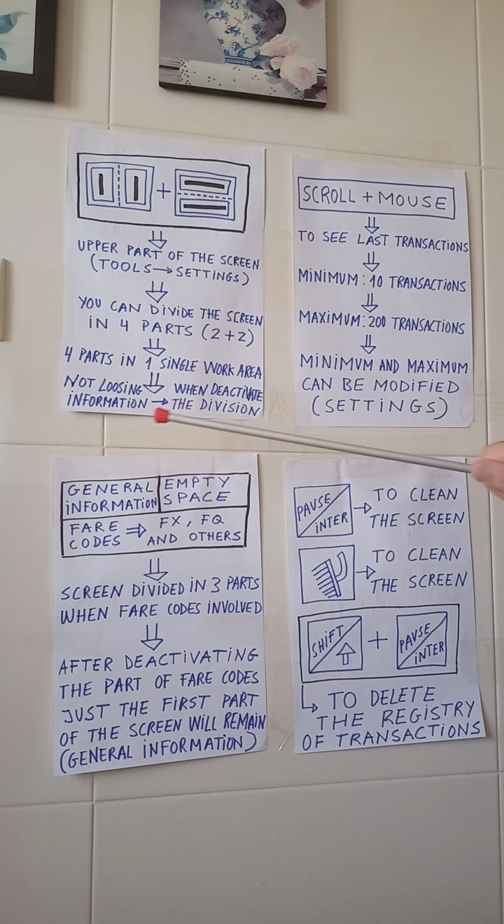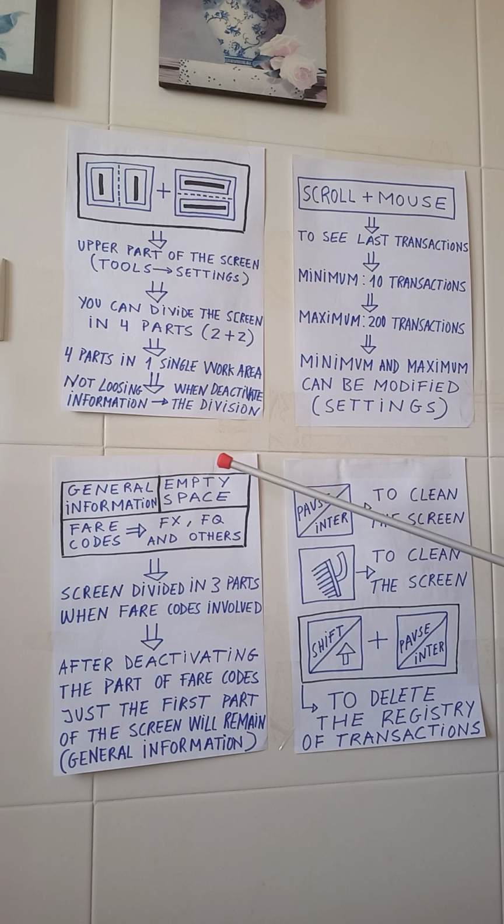Now I go to the next page, this one. On the next page I will explain what happens when transactions about fares are involved in screen splits. Let's imagine that before working with specific transactions on fares, the screen was vertically divided into two parts.